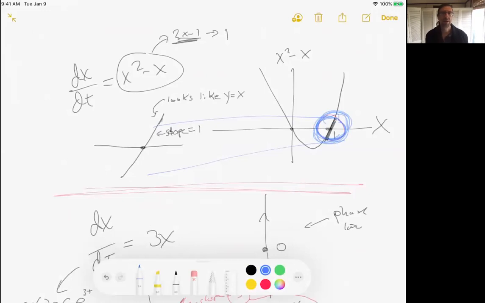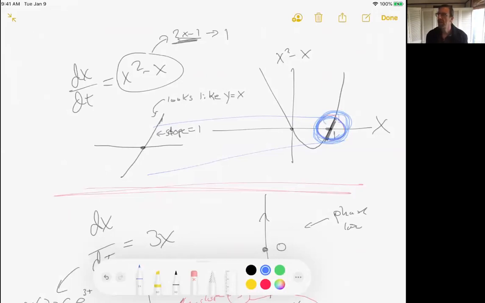That's called linearization. When you focus in on a critical point and you ask what linear system it now looks like, it looks like the linear system y equals x, which means solutions will move away from that point as if they were solutions to the differential equation dx/dt equals x.